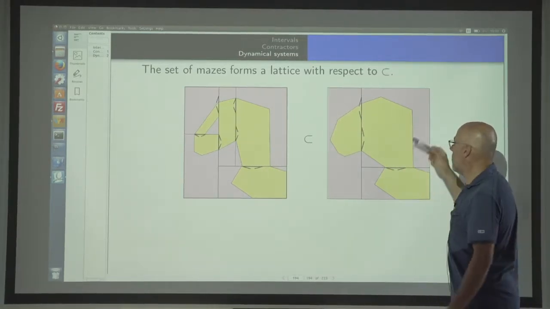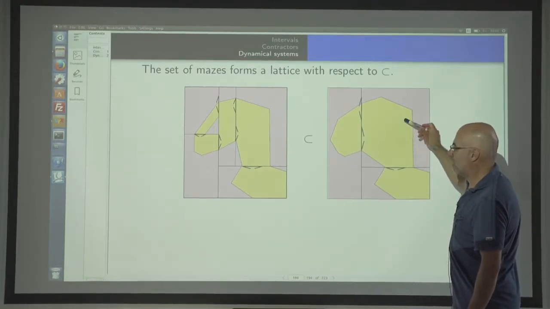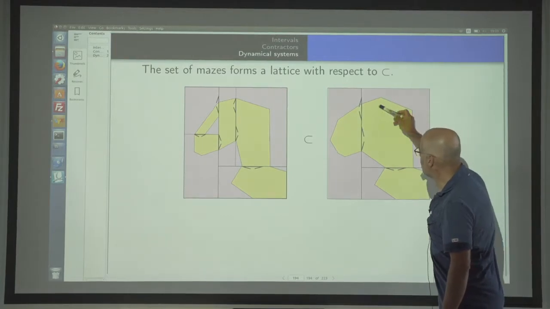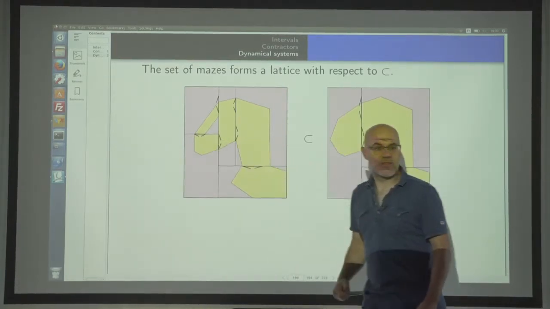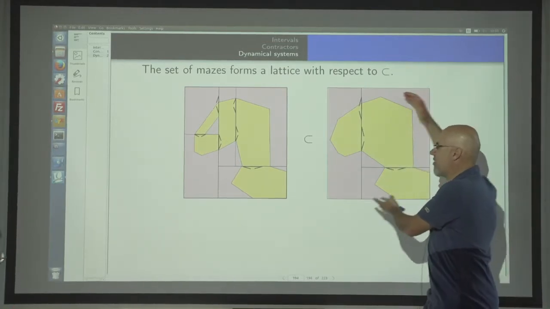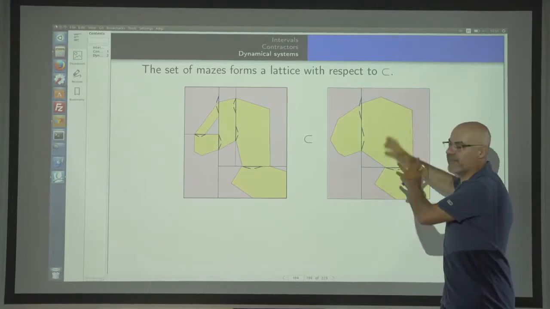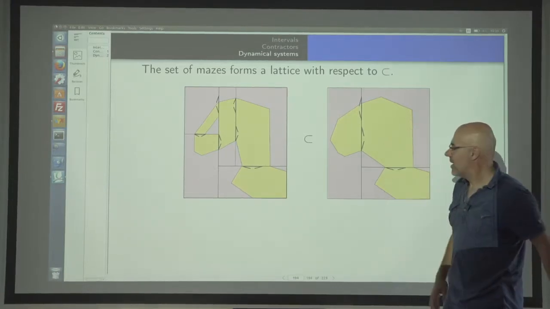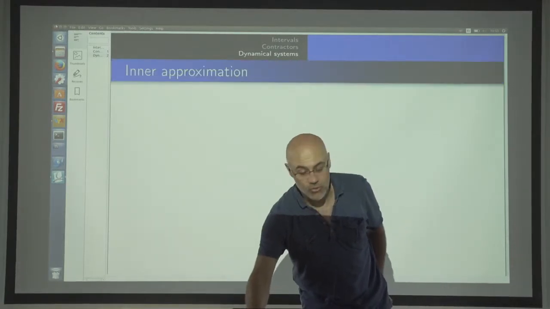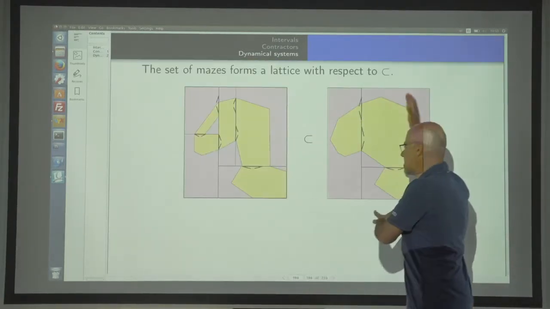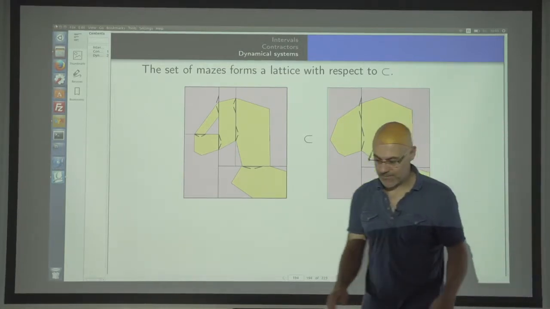But if I take a path in this one, for instance this one, it is not consistent with this path. So this one has more paths than this one. There is an inclusion, so it can be seen as an interval of paths. I can make the union of two mazes, the intersection of two mazes, the set of mazes as a lattice structure. I can compute with mazes.